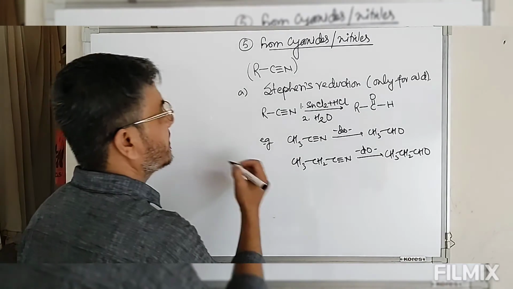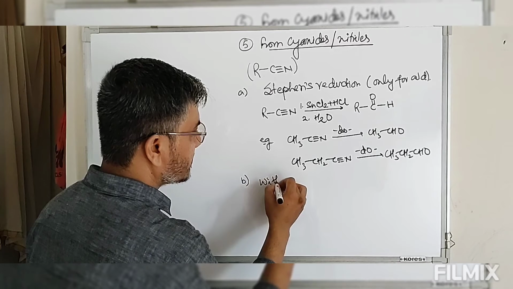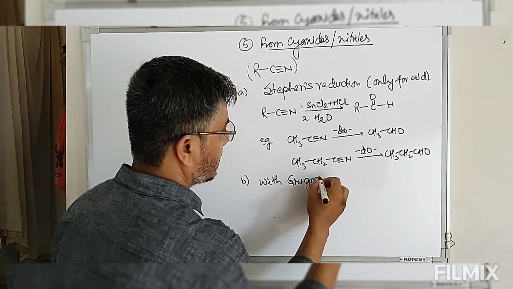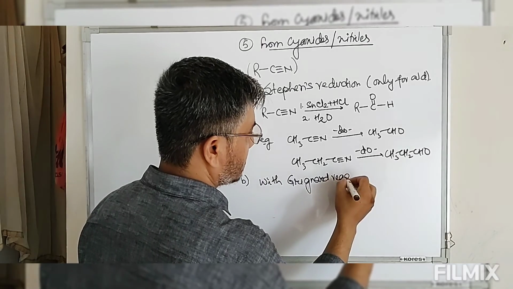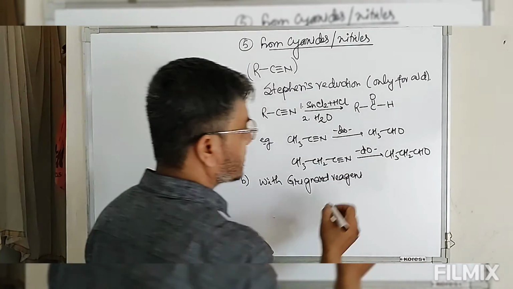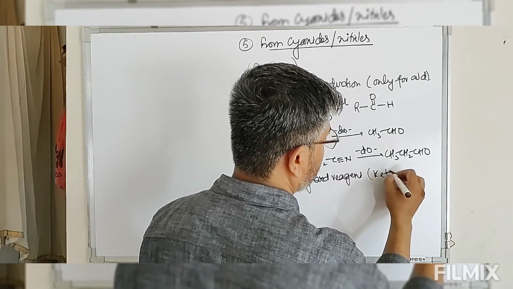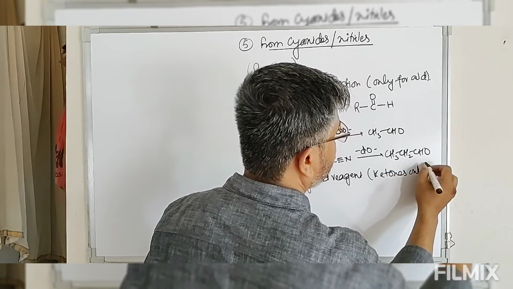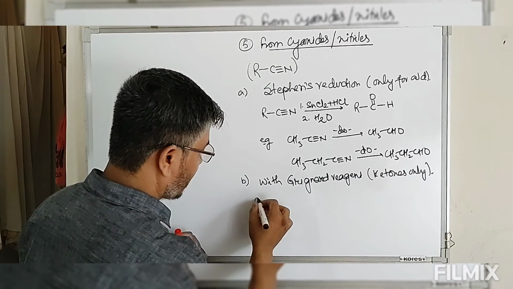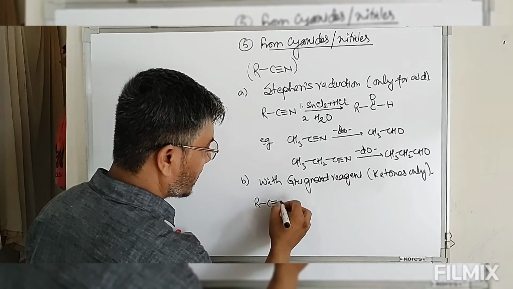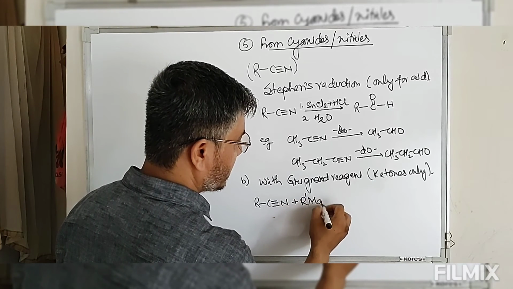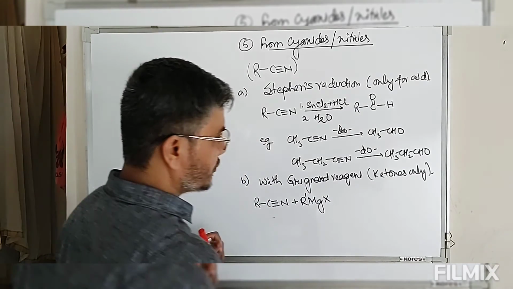Second, that is the reaction of cyanides with Grignard reagent. Alkyl cyanides on reaction with Grignard reagent followed by hydrolysis give you ketones. So this is ketones only. From here you cannot make aldehydes. Simply look at this reaction: RC≡N reacts with Grignard reagent RMgX, alkyl magnesium halide.